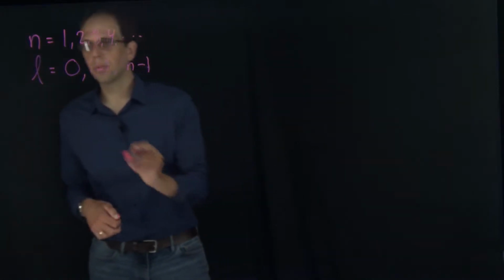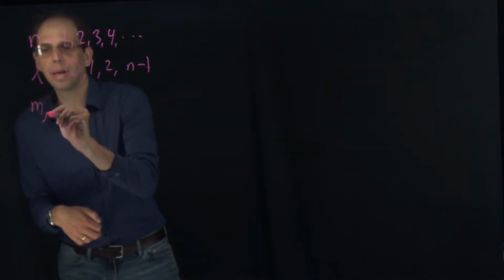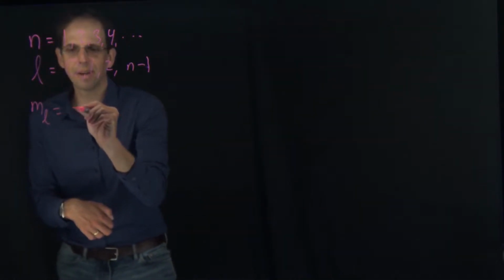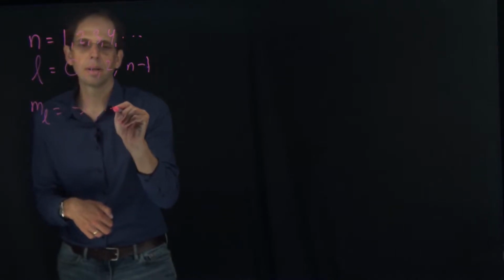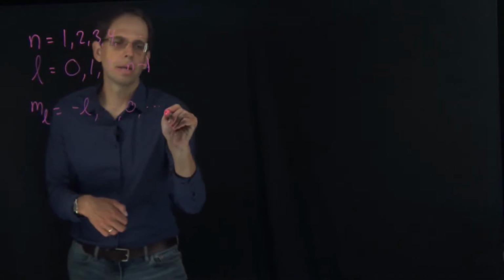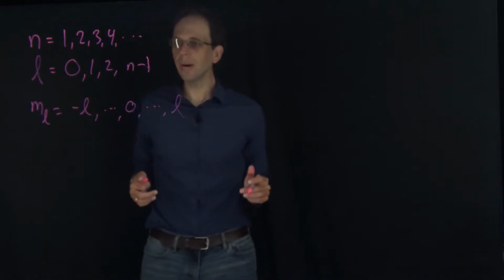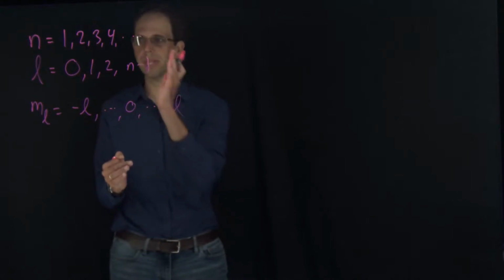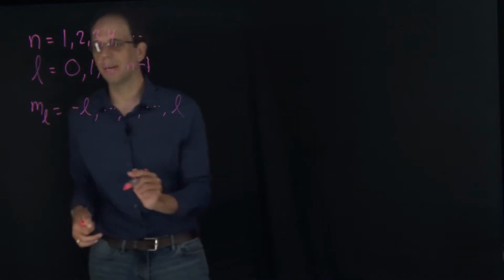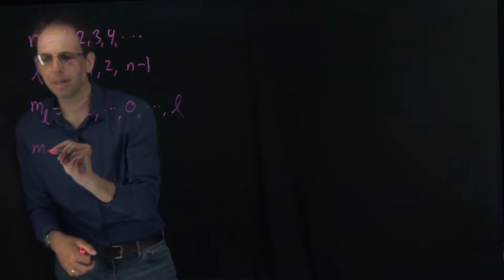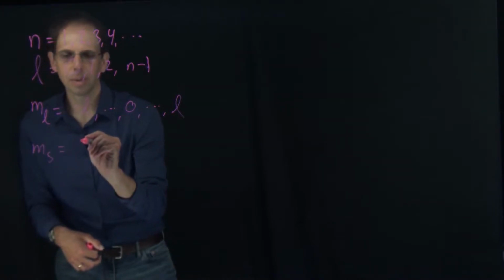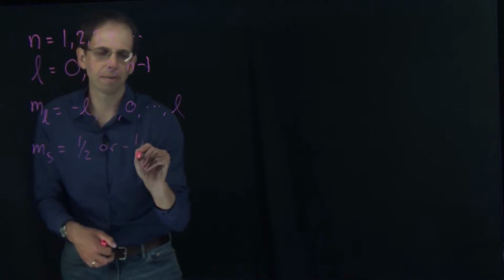And then we have the magnetic quantum number, m sub L, which takes values between negative L, 0, and positive L. So it includes all of the 2L plus 1 values that span between the negative value of L and the positive value of L.